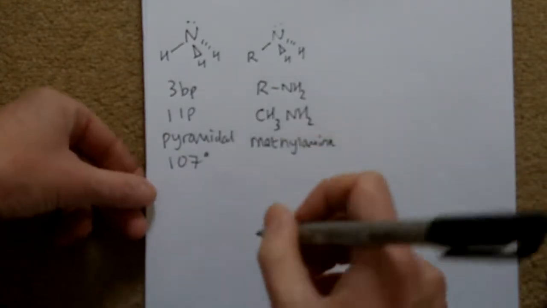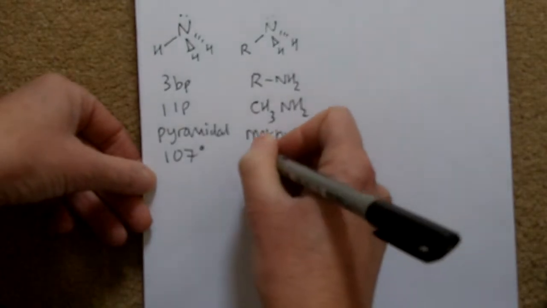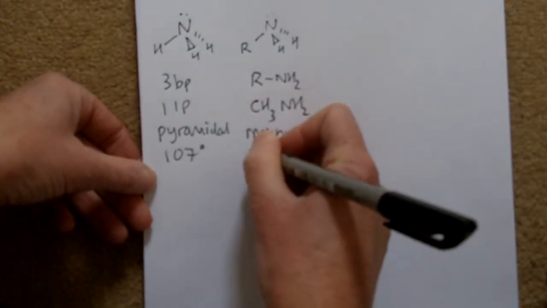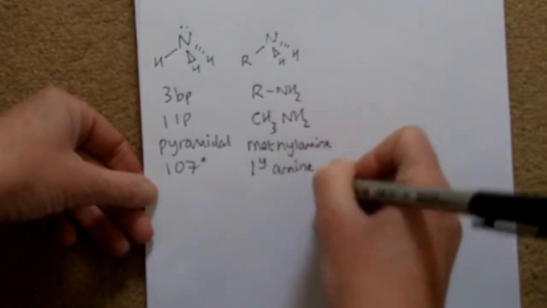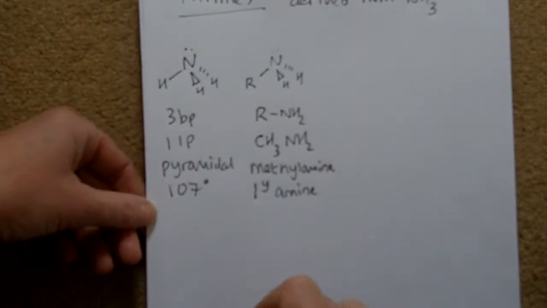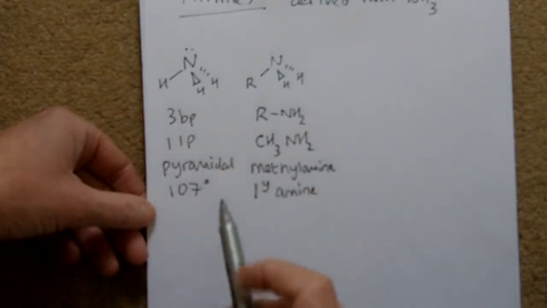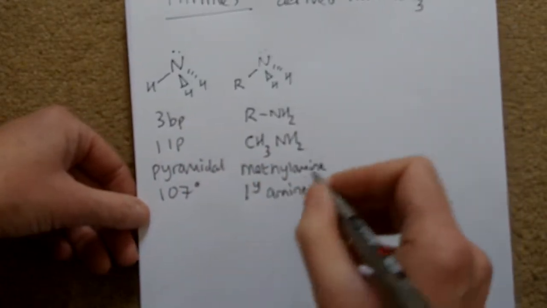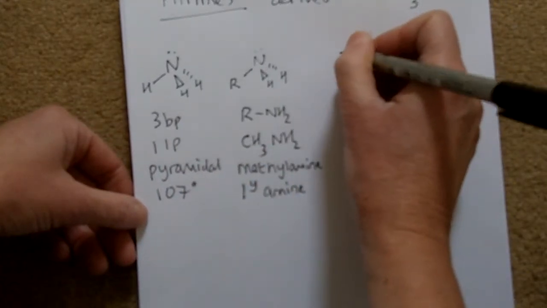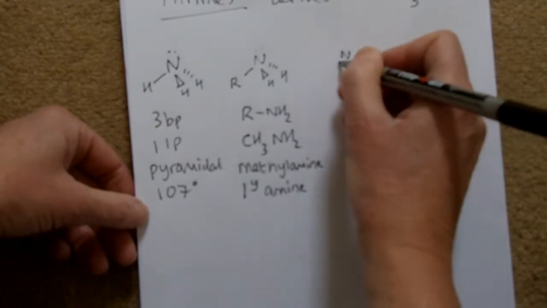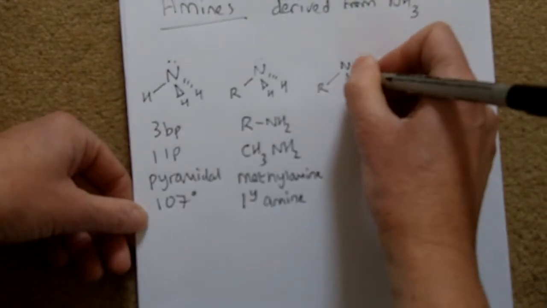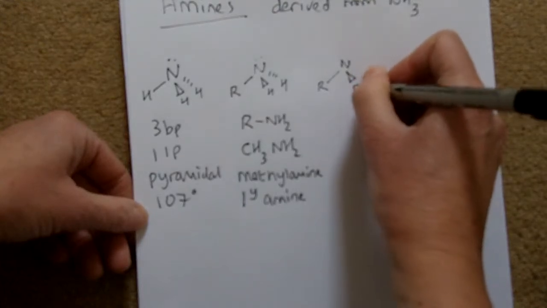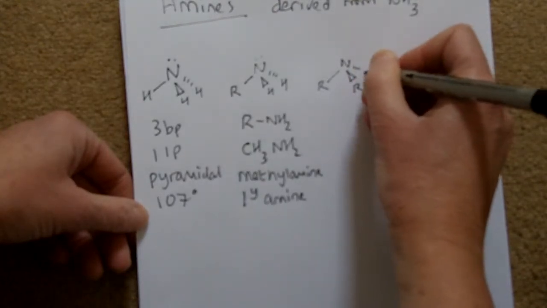Okay, that's called a primary amine. So I'm just going to abbreviate it like that. A primary amine. So just think very simple, just think like ammonia. Now if we do that again, if we take the ammonia, and we've got 1 R group, and we substitute the hydrogen with another R group, it doesn't have to be the same, it can be different.